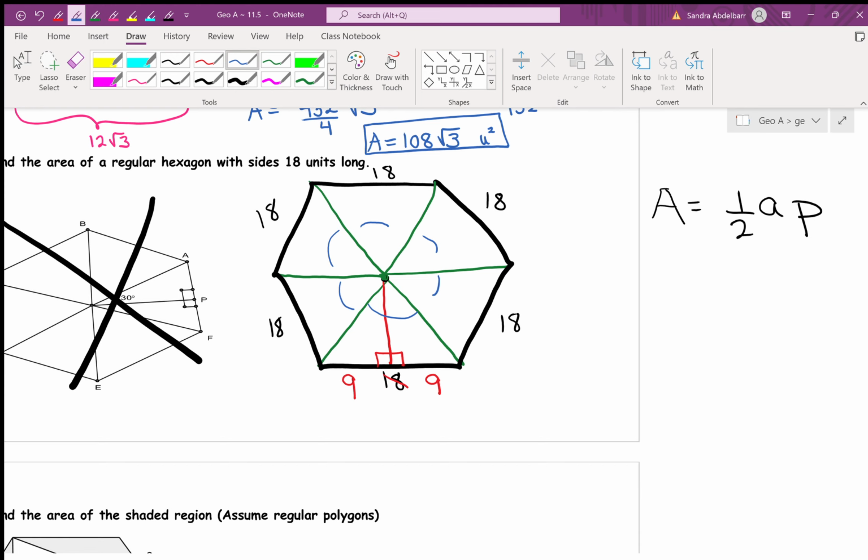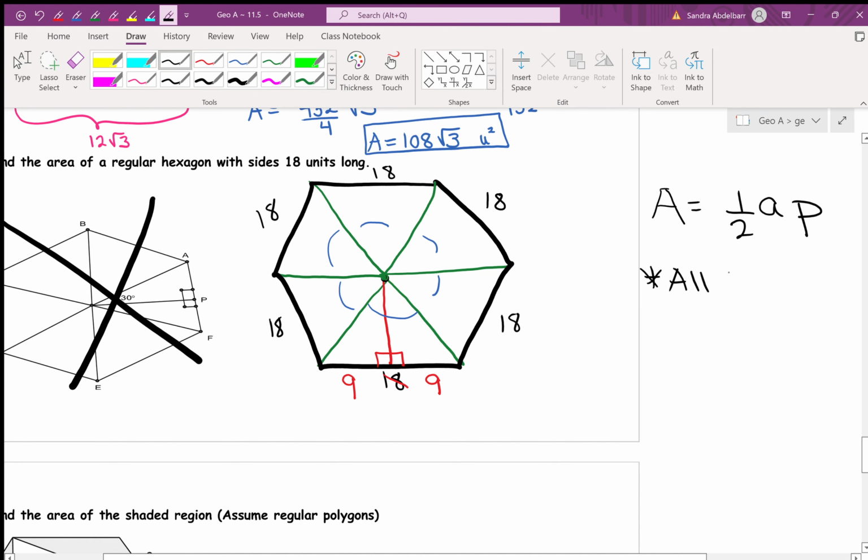So how will I find one central angle if I know that they're all congruent? All these central angles together make what? 360. Do you want me to write this down to refresh your memory?